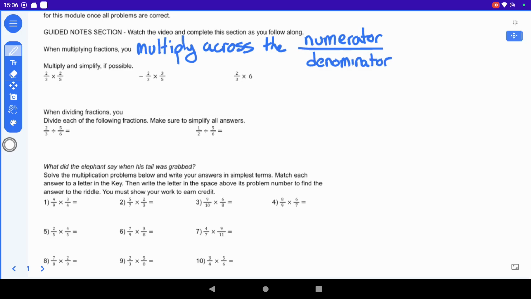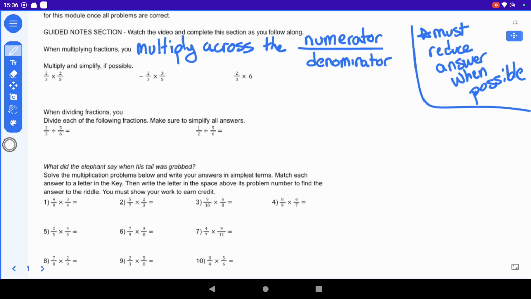And one thing to note on these is that you must always reduce your answer when possible. And I'll show you how to do that using the calculator feature as well.